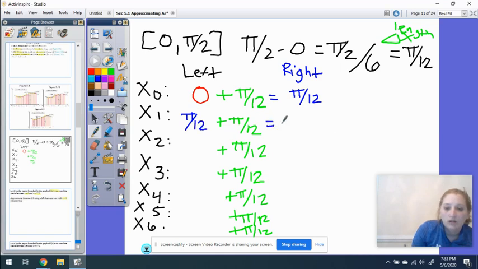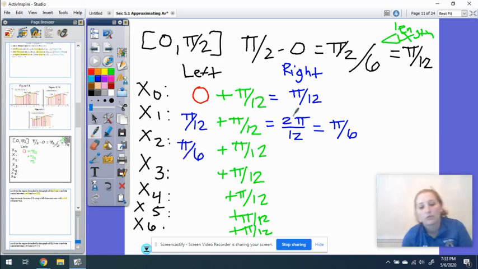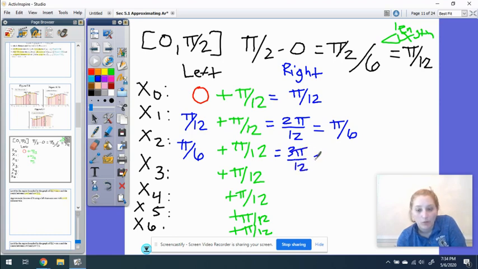And I'm going to add it to pi over 12, so I'm going to end up with 2 pi over 12, which is pi over 6. So pi over 6 plus pi over 12. So it's easiest to think about it with 2 pi over 12 plus pi over 12. So then that's going to give you 3 pi over 12. Or pi over 4.